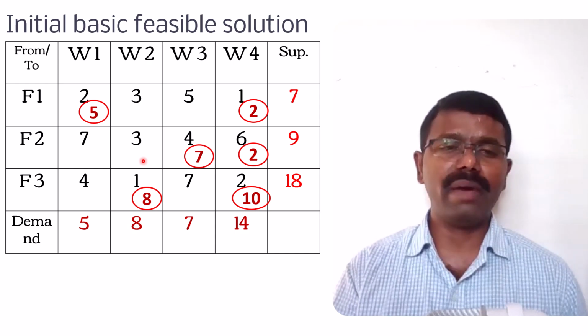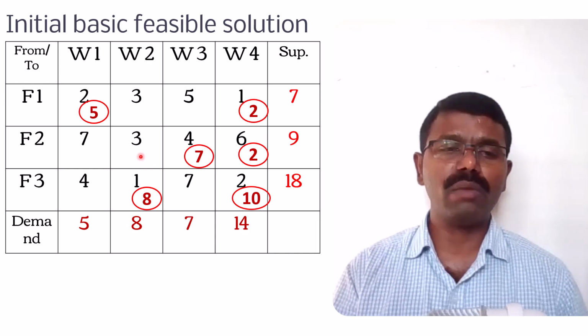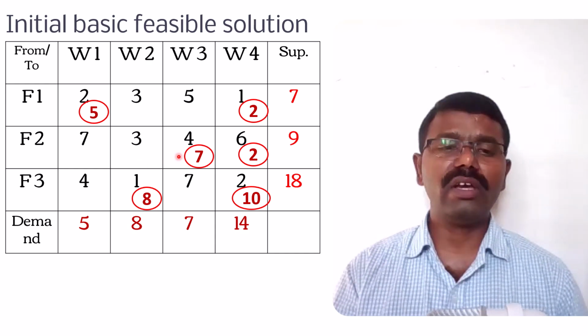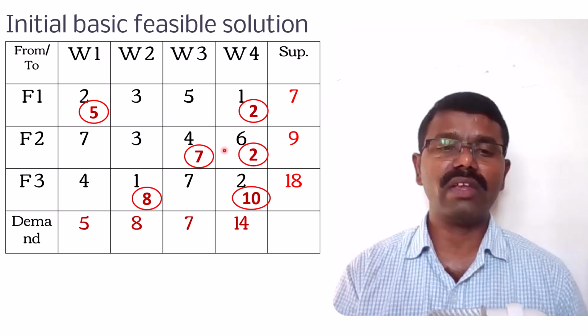Again, if you compare what is the maximum units we can assign here, I can't take it from 7 because there is no value here. Whenever you are taking some value, it should cover a rectangular or square manner, such that if you are deducting some value here, that should be added here, and that should again be making minus.